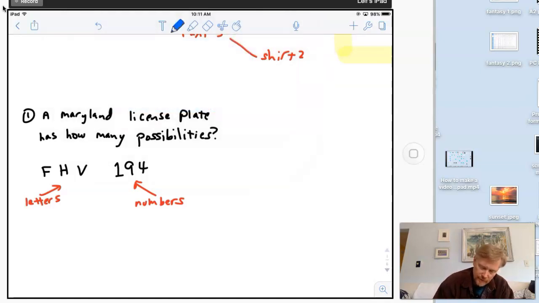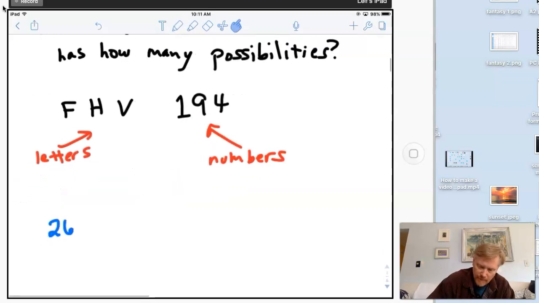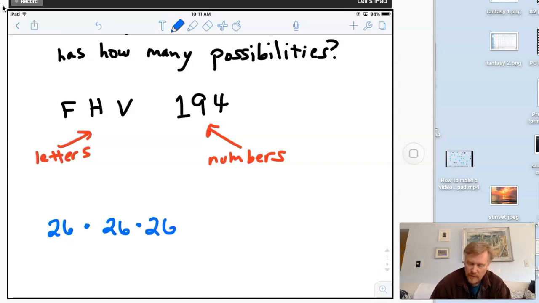So if I was going to break this down, for F, the first one, that's 26 possibilities. And then I got the H, which gives me 26 more. I'm going to multiply all these things together at the end. And then V, that one's also a letter, so it has 26. And then I get to the numbers.